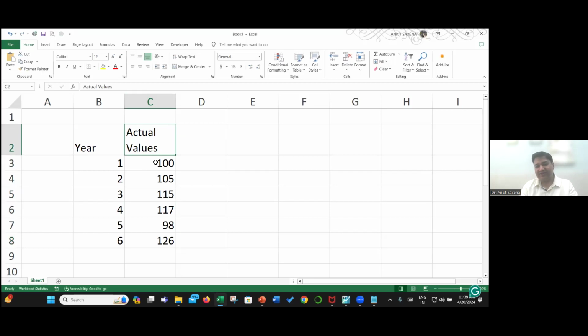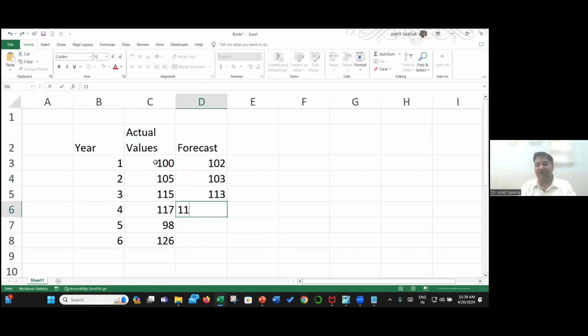So we got these actual values, and we developed a regression model, and that allows us to calculate forecasts for these values. These are the forecasted values that we got using our regression model.